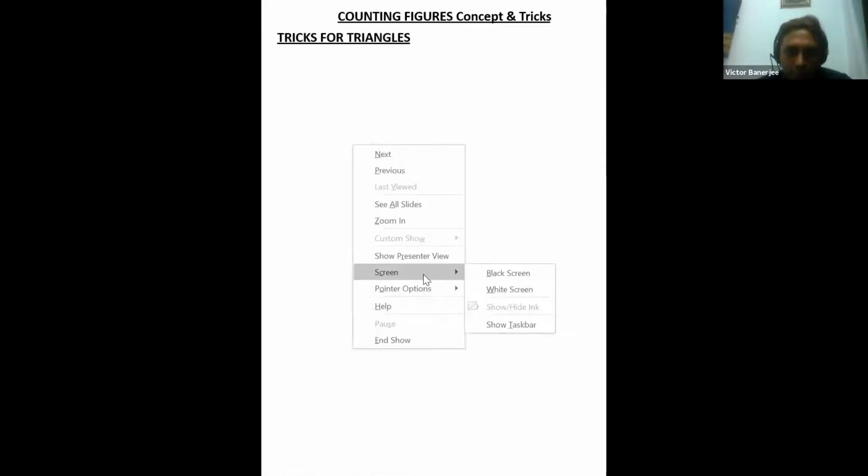Now suppose I have something like this, a hexagon. Now if I ask you how many lines are there? 9. Okay. So it's a simple hexagon, you can figure it out.